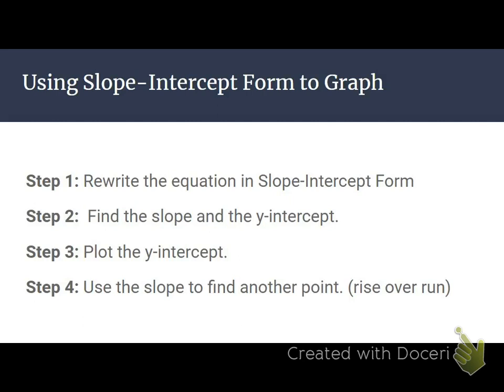We've also just practiced doing that. Third step is to plot the y-intercept. That means put that point on your graph and then use your slope, rise over run, to find another point or sometimes a couple more points.